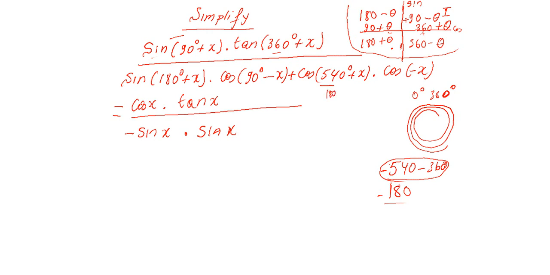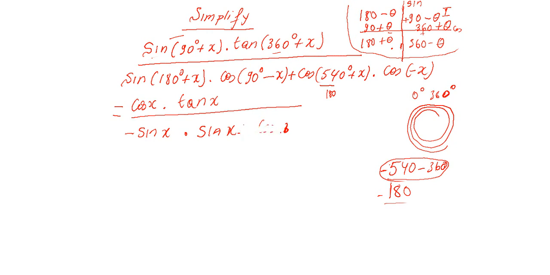Therefore, cos(180 plus theta), we come in this quadrant. Cos is negative, you can see in quadrant 3. Sorry, it's my pen. Let me just write it properly.